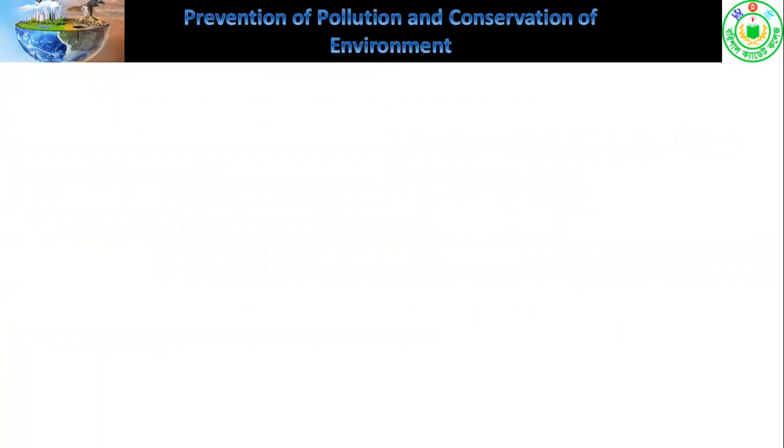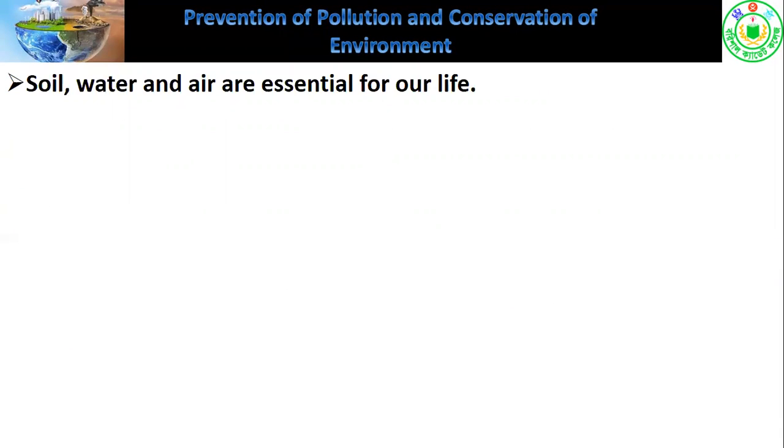Now we will discuss the prevention of pollution and conservation of environment. Soil, water, air are essential for our life. Without these three, we cannot even think of our life. We cannot live for a while without these things, because our food comes from soil, and we cannot live without water, and even we cannot live without air.